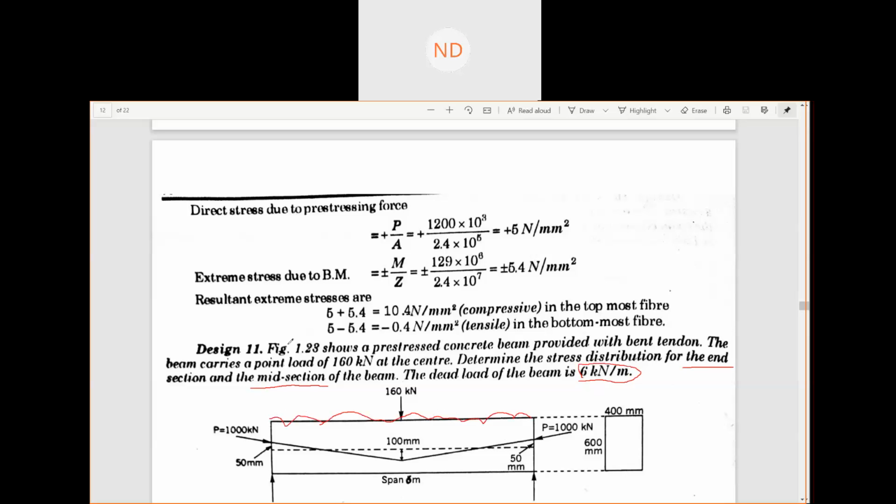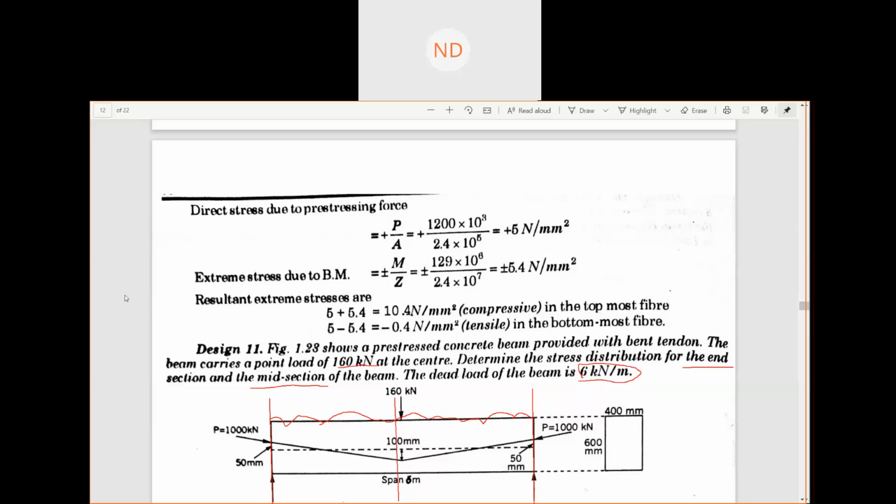This is your point load, 160 kilonewton at the center. You have to find the stresses at the top and bottom at the center, as well as the top fiber stress and the bottom fiber stress at the end section.